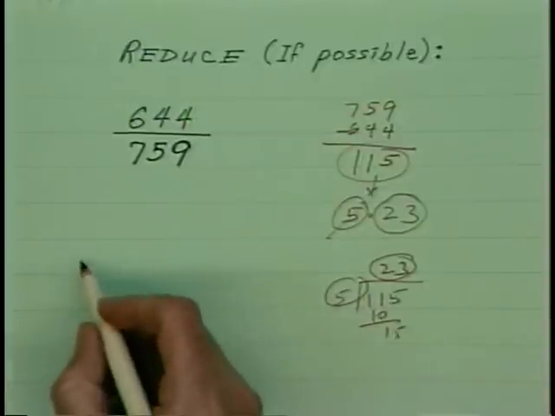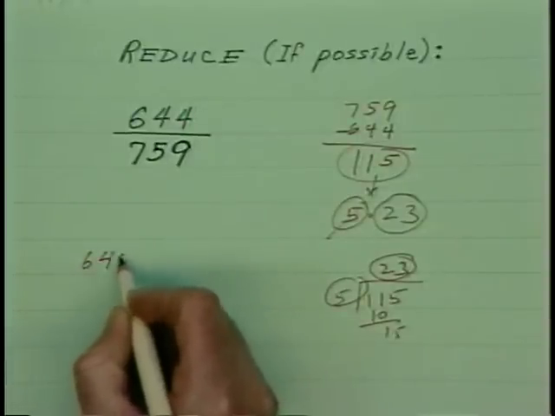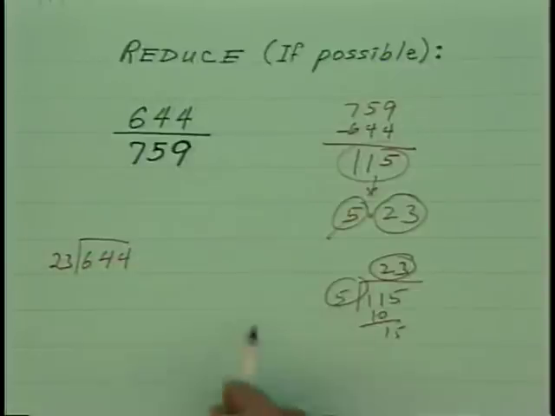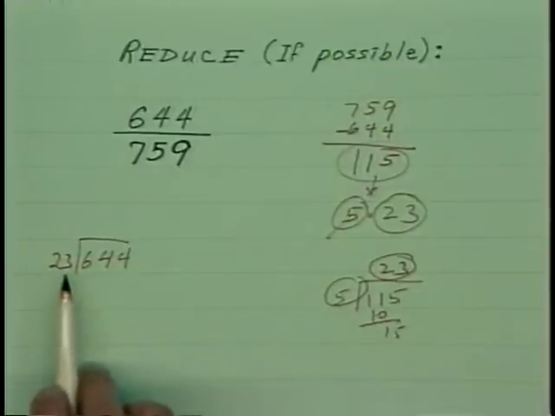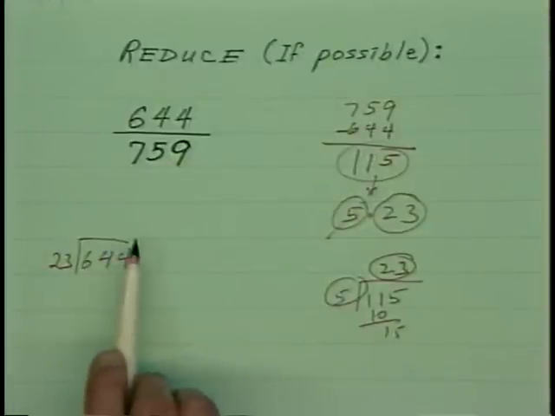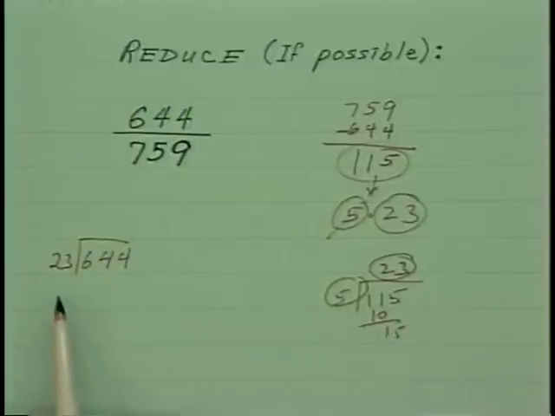So what we want to do now is to try to reduce, or divide, 23 into 644. We won't worry about the bottom until we see if this will go in here, because if it won't, then who cares if it goes into the bottom? It's reduced. Okay, so trying to divide this into this, we get 28.